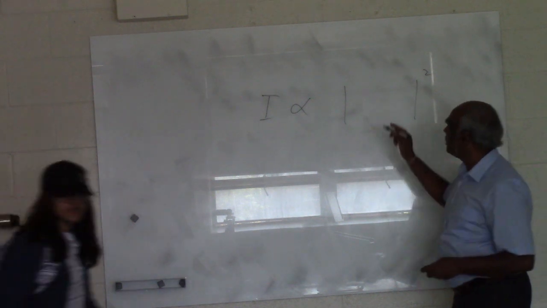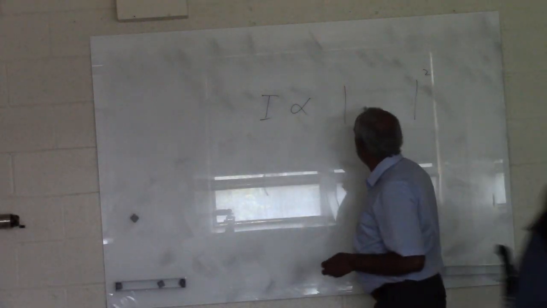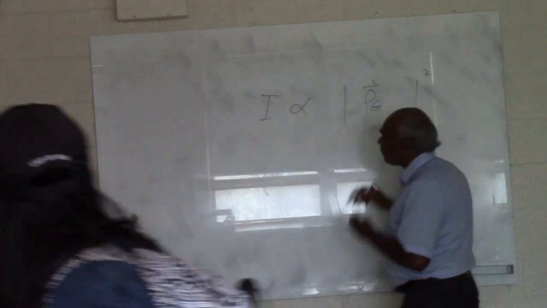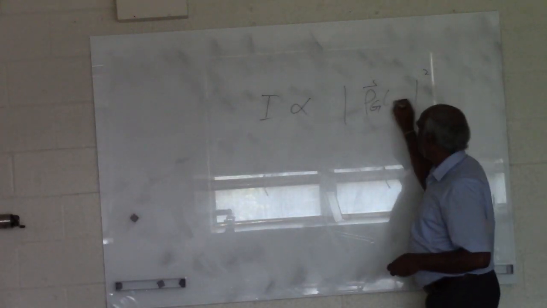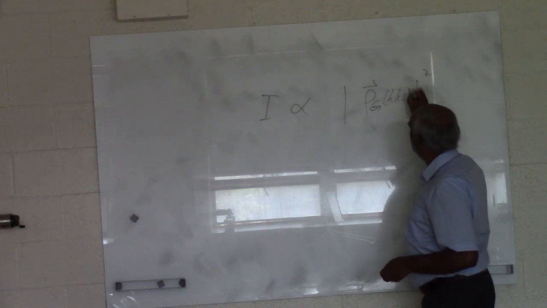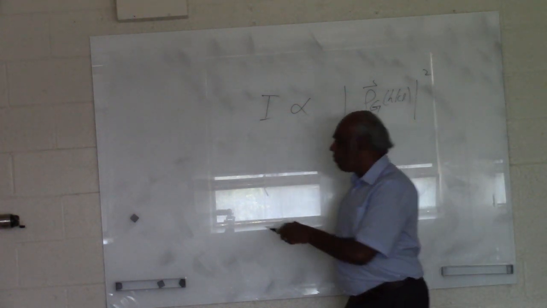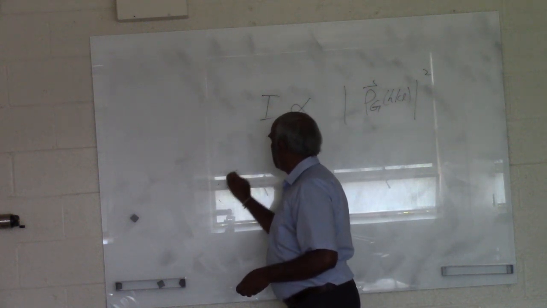Usually we write this as rho g. We know g is a function of HKL, right? So this is the intensity of the scattered light of these electrons.